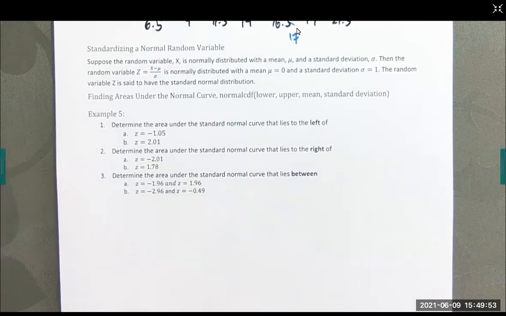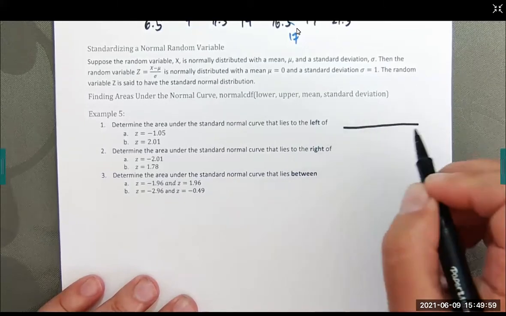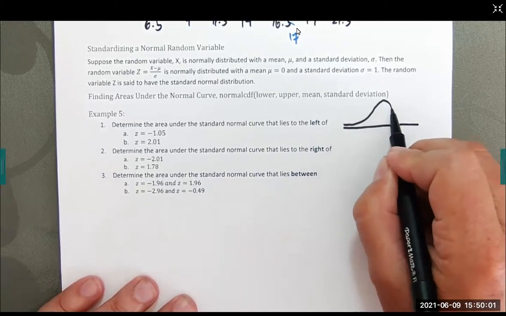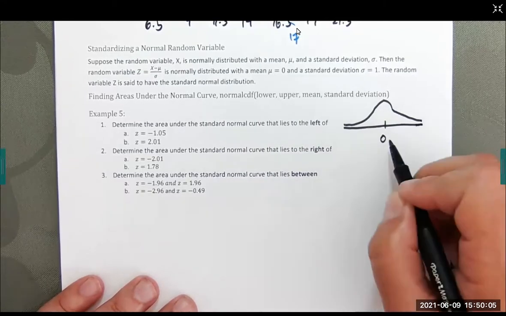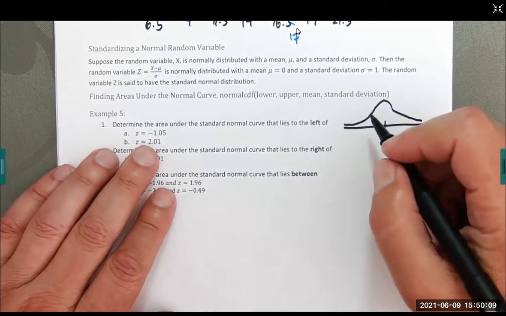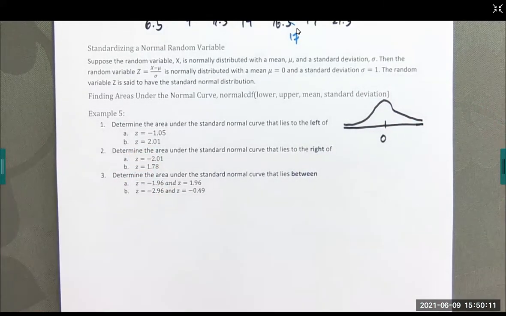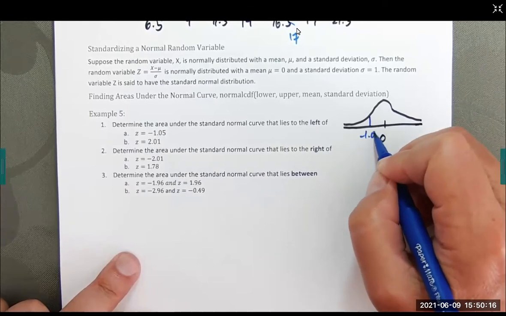I'm not going to be able to draw every one of these, but let's at least draw the first one. So standard normal means that the mean is 0. And here they want area to the left of negative 1.05.